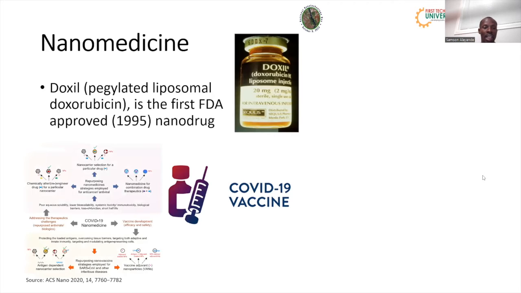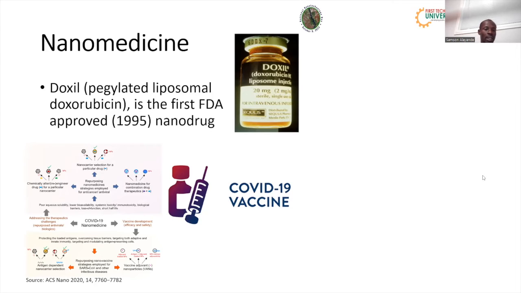Now, if you look at COVID-19, in many of the vaccines that were developed, we saw nanotechnology playing a key role, from serving as nanocarriers to serving as binders. Some of it involves nanoparticles, some of it involves carriers for antigen suppression, and many of these have passed through several approvals and have been administered.